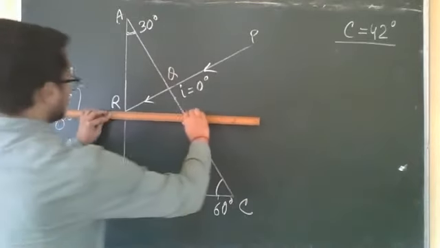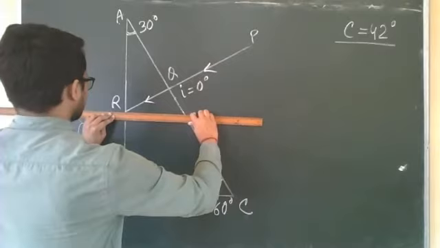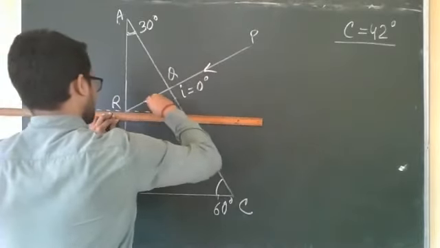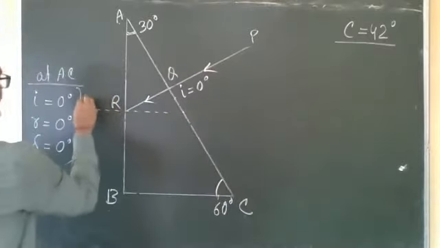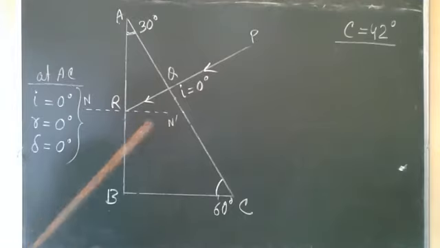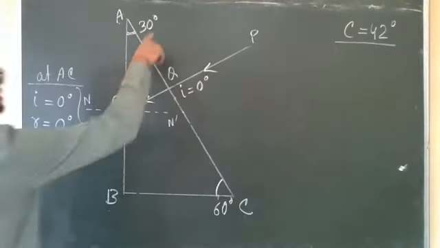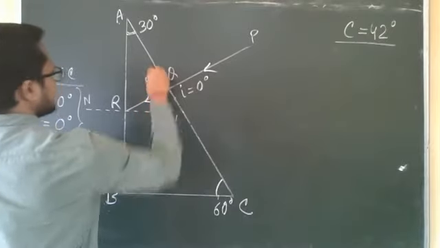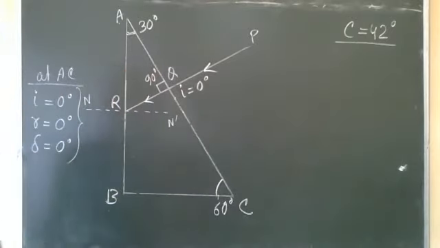Now come to this surface. At this surface, it is not normal incidence, so draw normal. Give name n prime. Here we have to find the angle of incidence. So this is 30, this is 90. Which triangle are we taking? AQR.